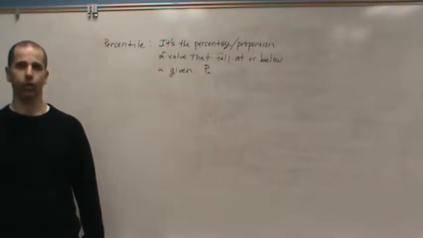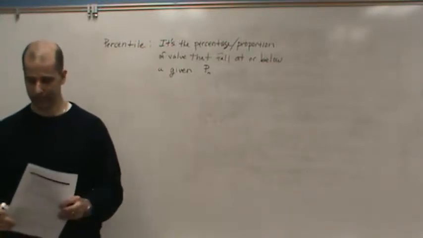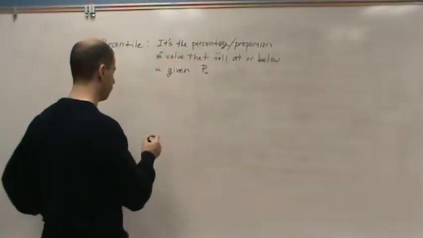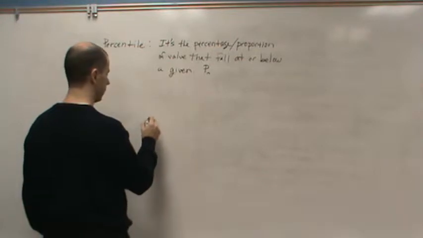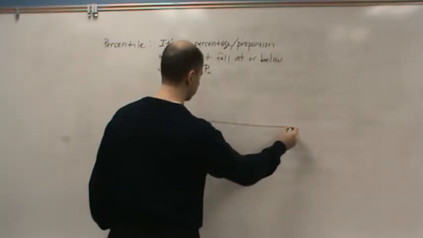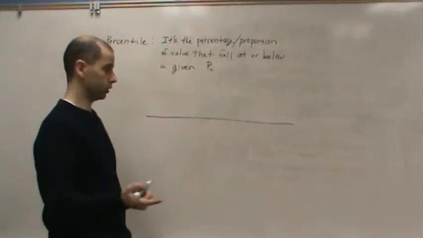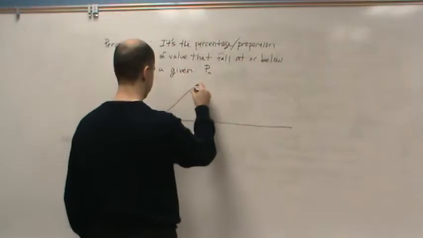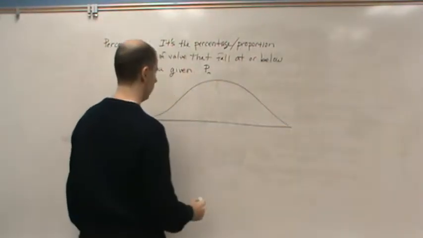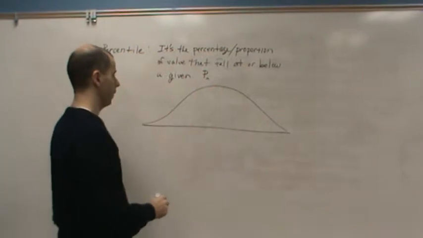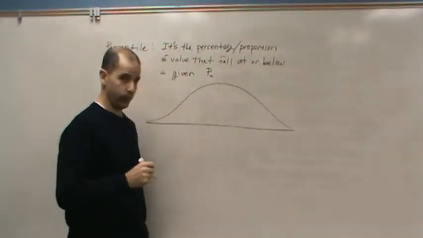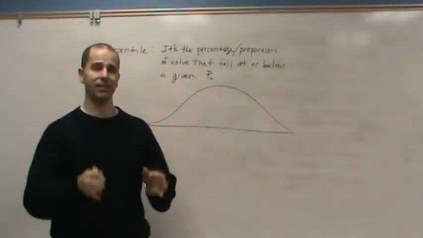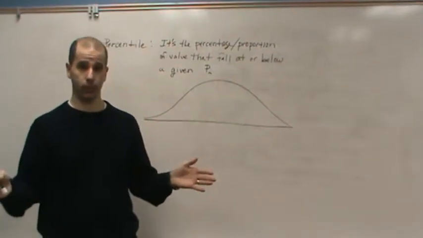Let me explain why that makes sense and why we use that. Let me draw a diagram, and it'll make perfect sense after I do this. Let's take a normal curve, or a bell-shaped symmetric curve. This is exactly what we mean by percentiles: we're going to partition the curve, or the data.